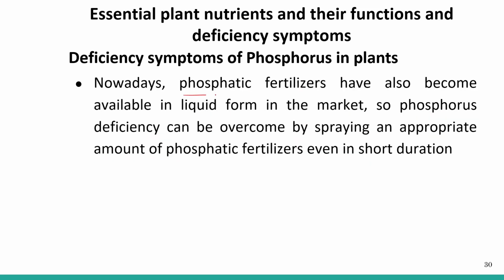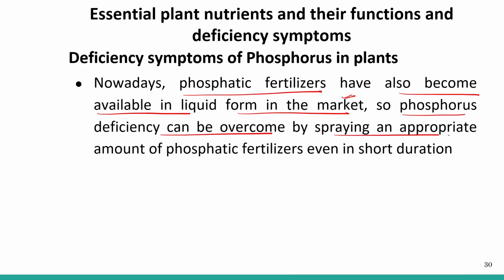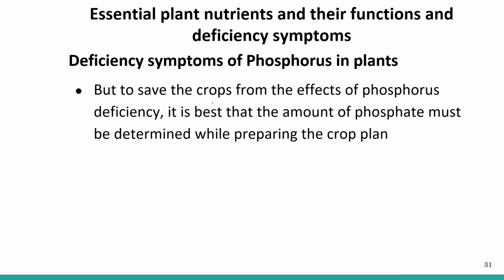Nowadays, phosphatic fertilizers have also become available in liquid form in the market. Phosphorus deficiency can be overcome by spraying the appropriate amount of phosphatic fertilizer. So there are many fertilizers that can be used to overcome these deficiency symptoms.